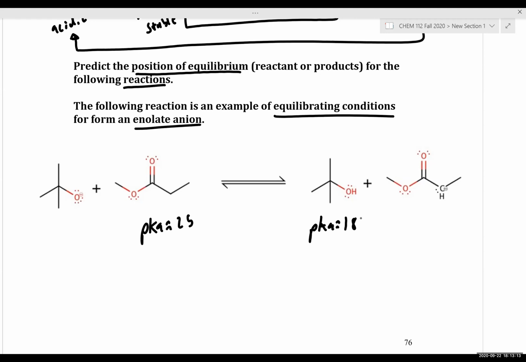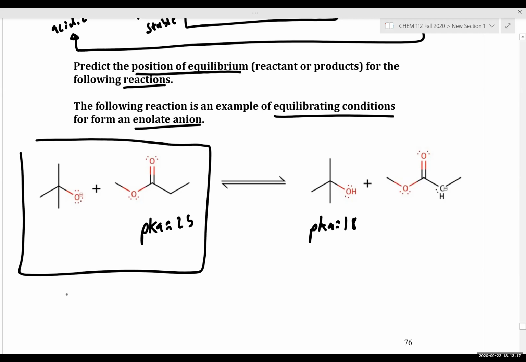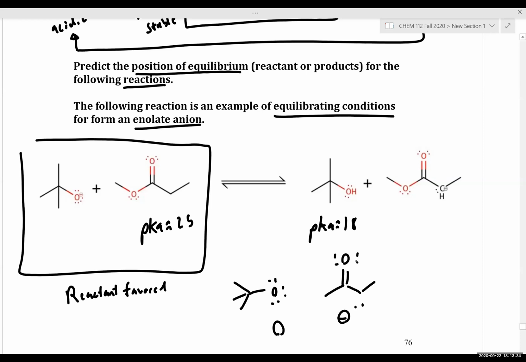So we have a lot of students saying that this reaction is reactant favored. That's exactly right. And we can rationalize this from the perspective of atom effects. So we're comparing an oxygen-centered anion to an anion that is partially centered on carbon.